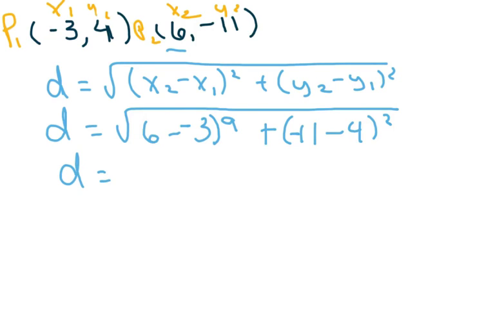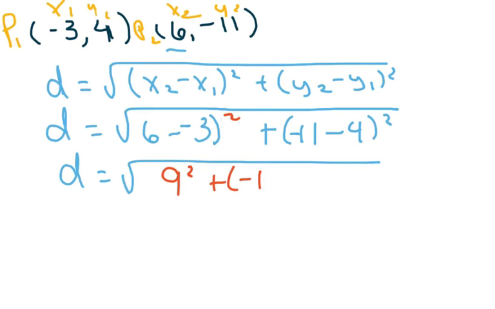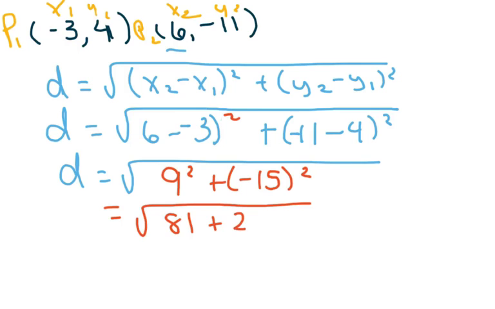So we get the square root of 9 squared plus a negative 15 squared, which equals the square root of 81 plus 225, which equals, what is this?